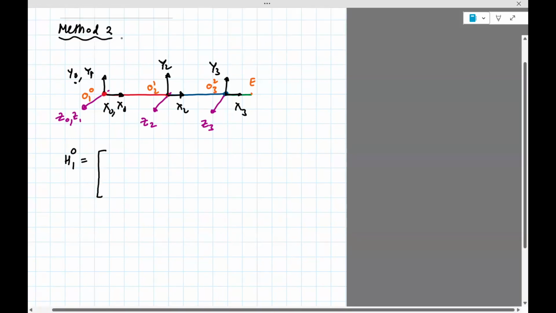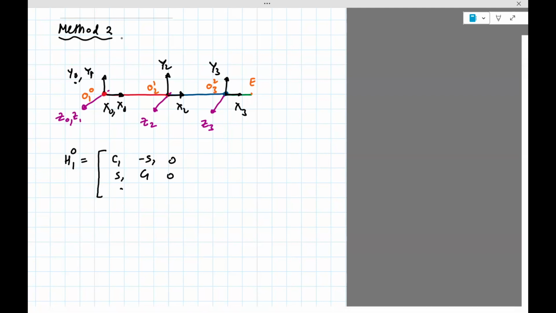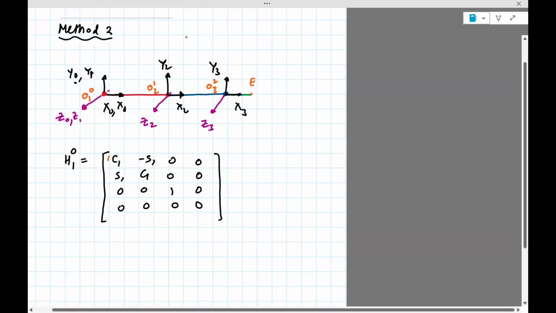Okay, so the rotation matrix is cosine. C1, S1, S1, C1, 0, 0, 0, 0, 1. That's the rotation matrix. And then I need to put the origin O10, that will be 0, 0, 0. And then these are placeholders. Okay, so what I have written down is this piece is the rotation matrix of 1 with respect to 0.